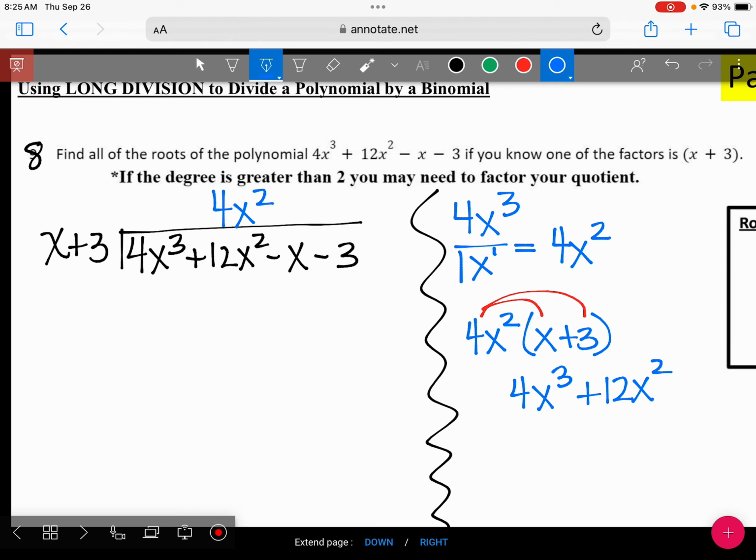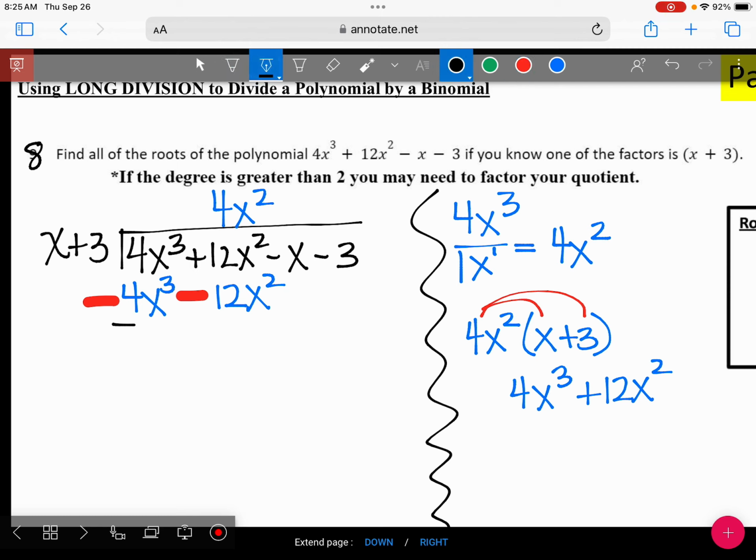So we're going to slide it over. And what do we have to do with our signs? We got to flip them both. So this becomes negative and this becomes negative.